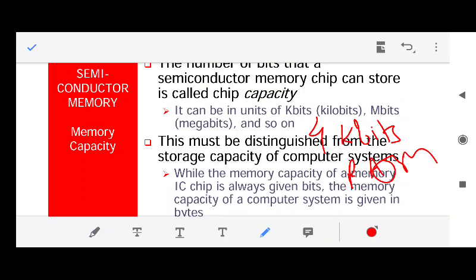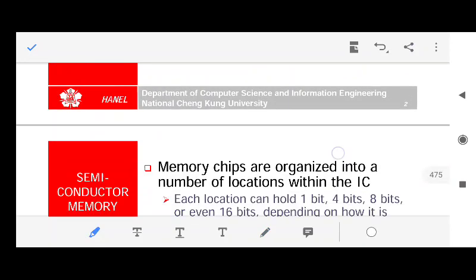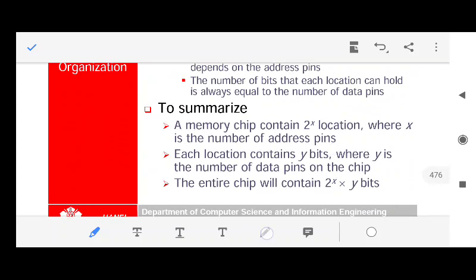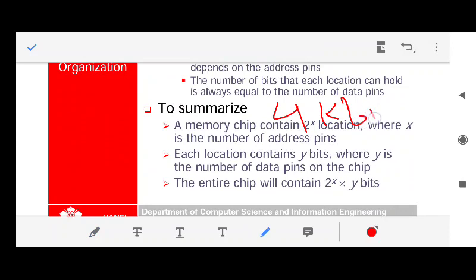What is 4 kilobits? Let's see. 4 kilobytes of ROM, 4 kilobytes of RAM, what does it mean? 4 kilobits, what does it mean?